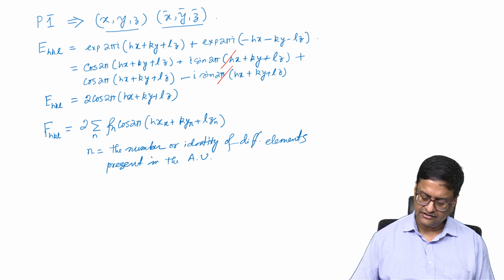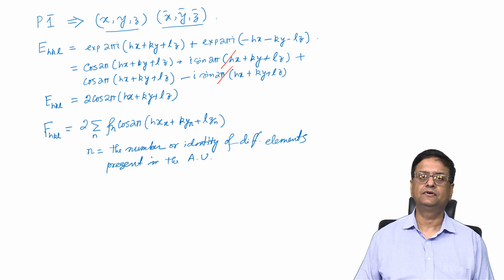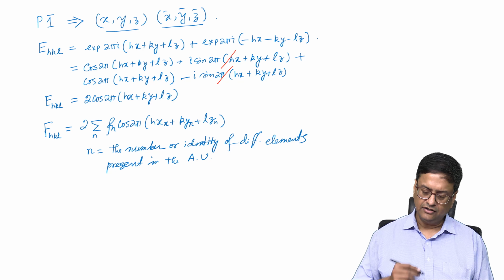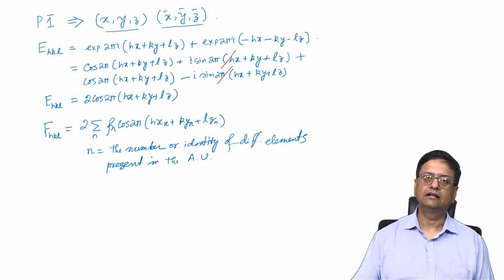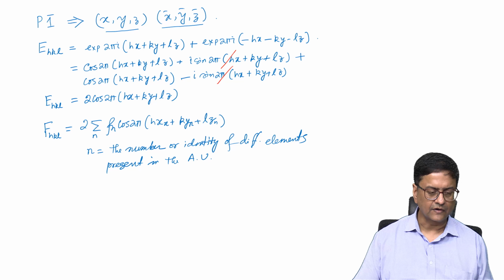So, one can simply calculate the structure factor for different H, K and L for a triclinic system if you know what the elements present in the system are.